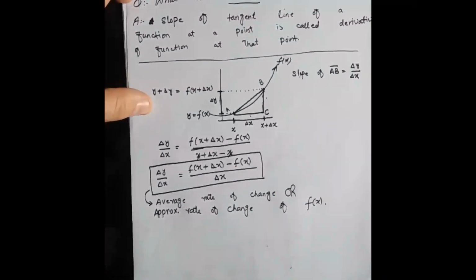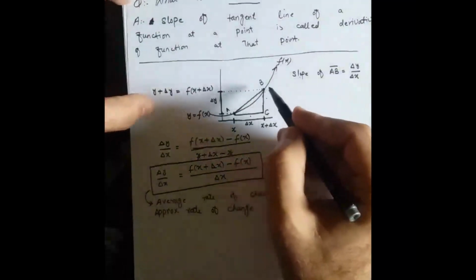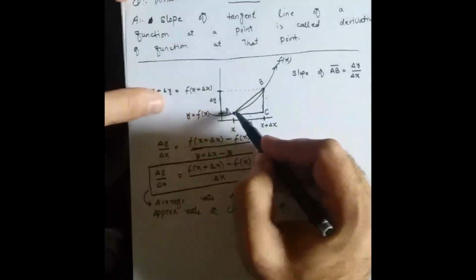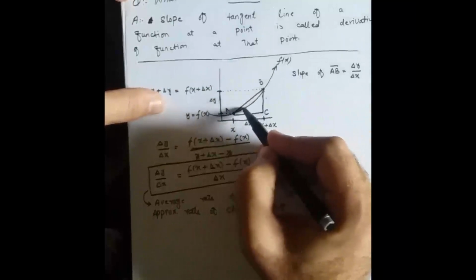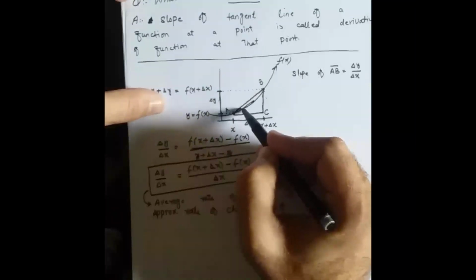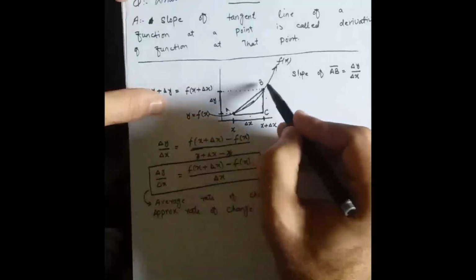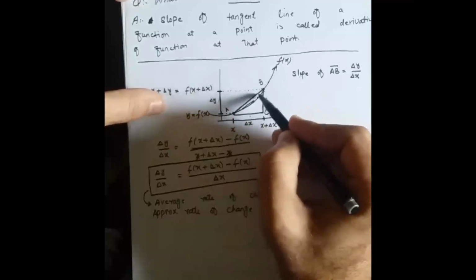Why is this called approximate rate of change? Because if we choose two other points anywhere else, away from A and B, the slope there may be different from this AB, or if we choose AB from here to here, then the slope of that AB may be different.